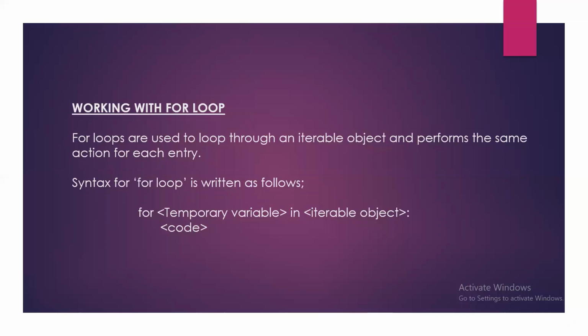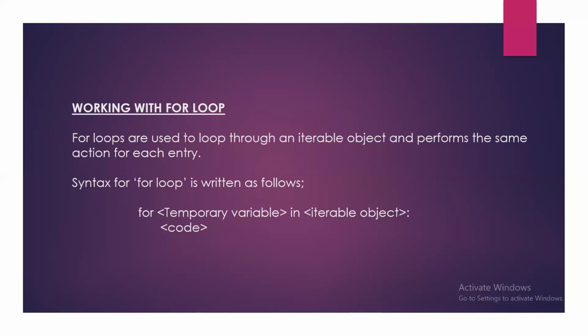Then we discussed how we can use if statements in Python, and how they can be nested with else and elif statements for two conditions or more than two conditions.